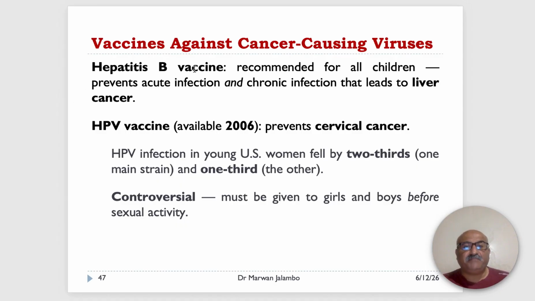The hepatitis B vaccine, given to all children, prevents not only acute hepatitis, but the chronic infection that leads to liver cancer. And the HPV vaccine, available since 2006, prevents cervical cancer.